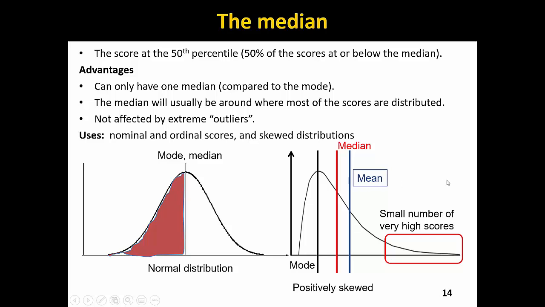So when we talk about positively or negatively skewed, we mean a small number of, in this case, very high scores skewing the average towards the positive side. Once again, the median is that dependent variable score that divides the total number of scores in our sample or population, with half on the lower end and the other half on the higher end of the median.